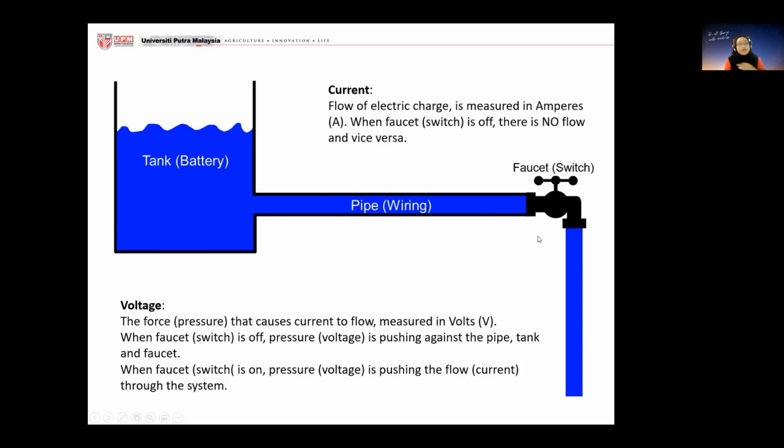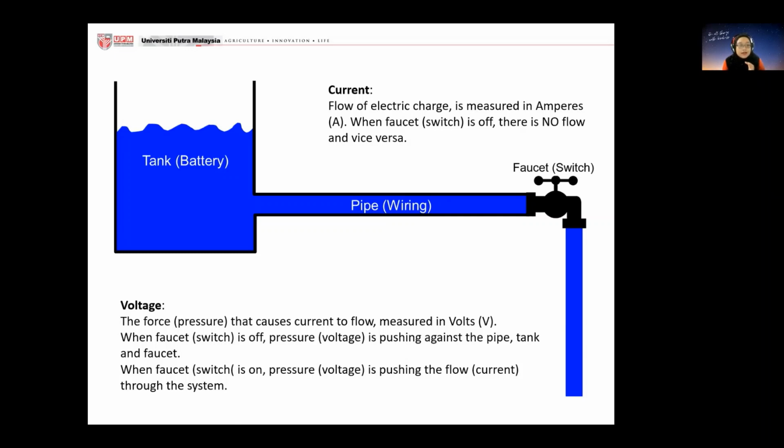And then you have current. Current is the flow of electric charge, and you measure that in amperes. If you Google this, amperes is the number of electrons per second. Remember, if you have something per second or per time, it's going to be a flow, something that is moving.